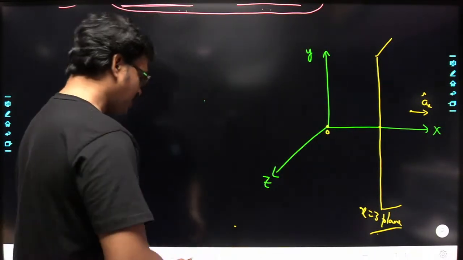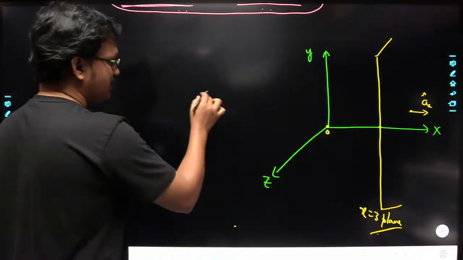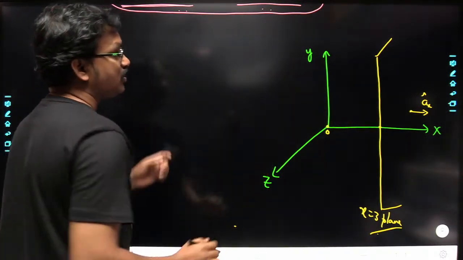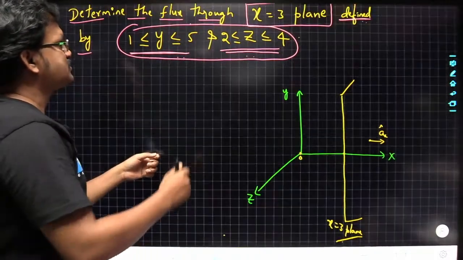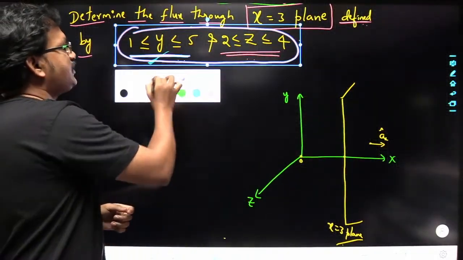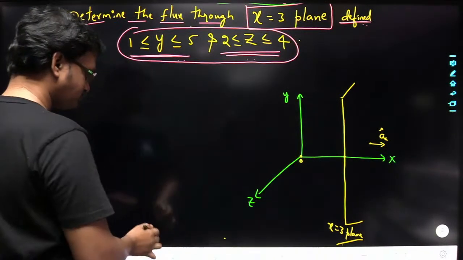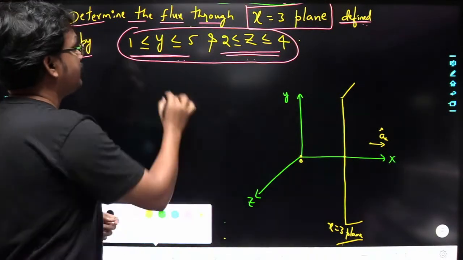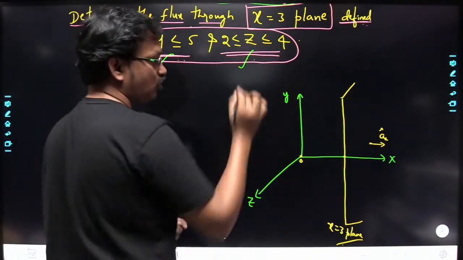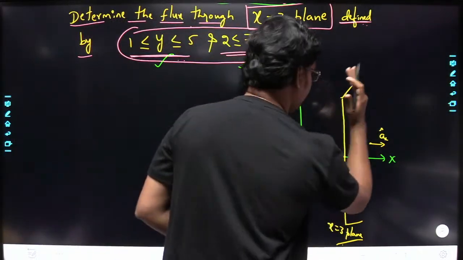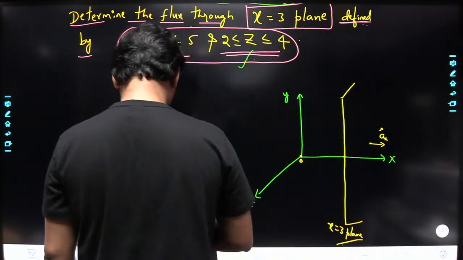Right. Now in this plane they have told that you have to consider the region such that y must vary from 1 to 5 and z is varying from 2 to 4. So this is the plane here.